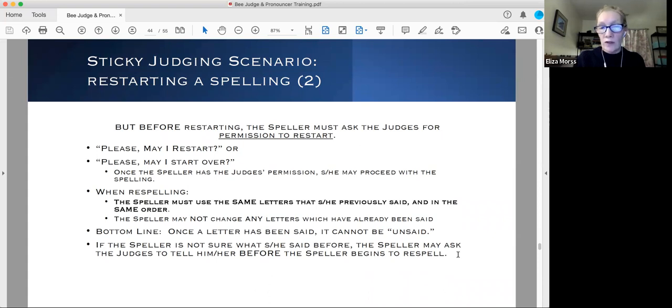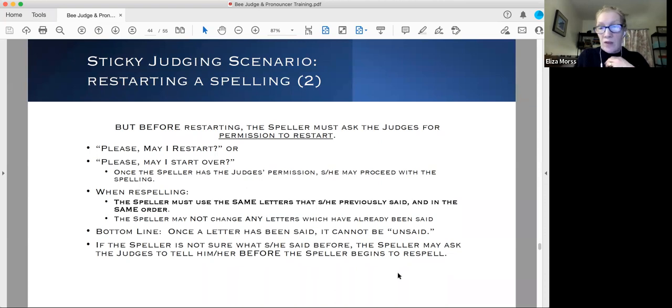And if you're going to restart, you have to ask the judges' permission. The judges have to be so aware and watch and make sure that if a speller does restart, did the child get permission or not? If they did not, they're out. If they did, if the child used the same letters previously said and in the same order, and then continued to spell correctly, yay, then we're all fine. But the bottom line to make clear to judges and to spellers is once a letter's been said, it can't be unsaid.